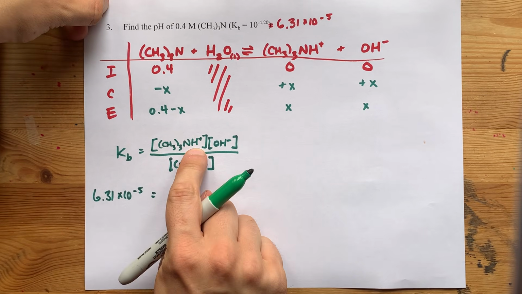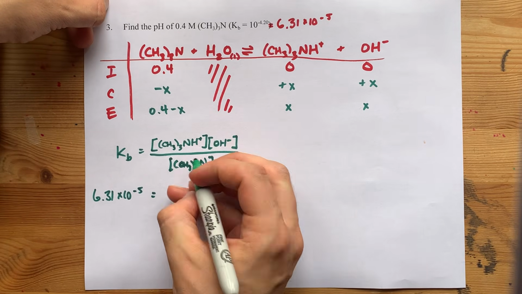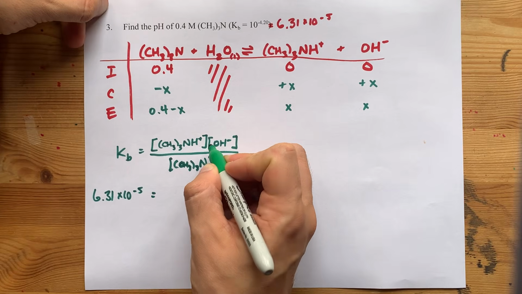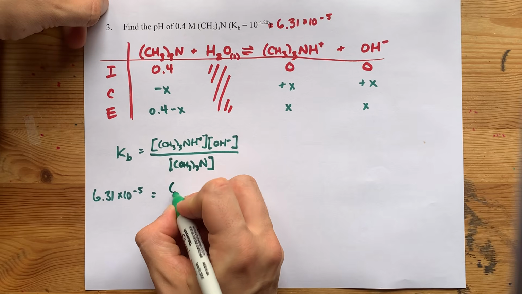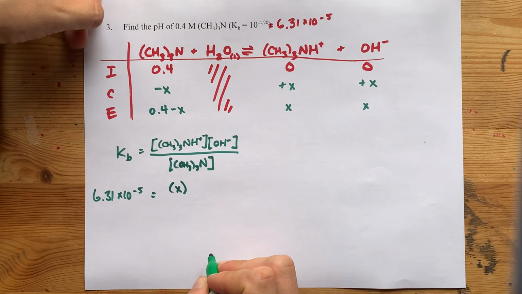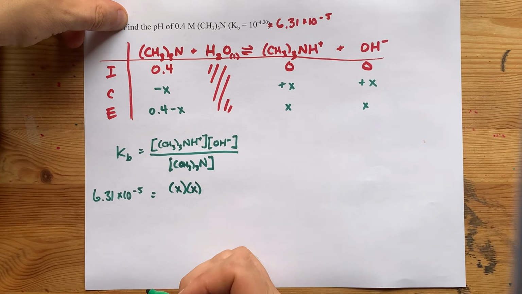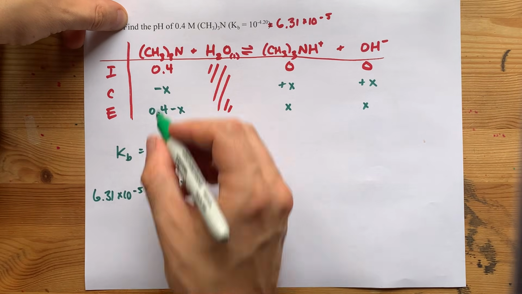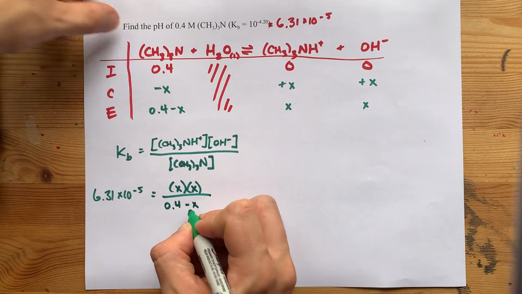You made some of this protonated base. That's the conjugate acid, by the way, of the base. We'll cover that in just a moment. It has a concentration of X at equilibrium, and you made just as many OHs out of that as you put in. And likewise, here you have 0.4 minus X.